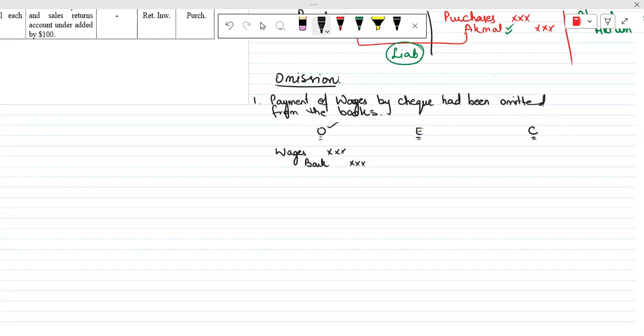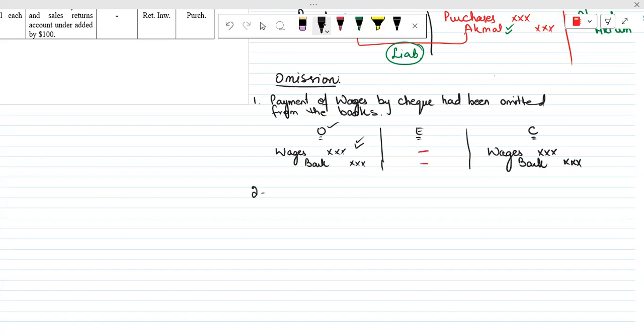But by error, we neither recorded on debit side nor on credit side. So what are we going to do, guys? The same entry which was supposed to be made, we will make it as a corrected entry. So wages will be debited because it was not actually made earlier, and bank will be credited here.